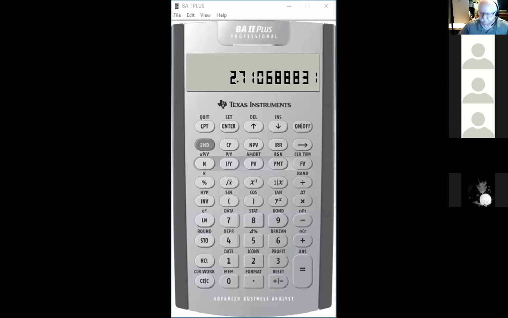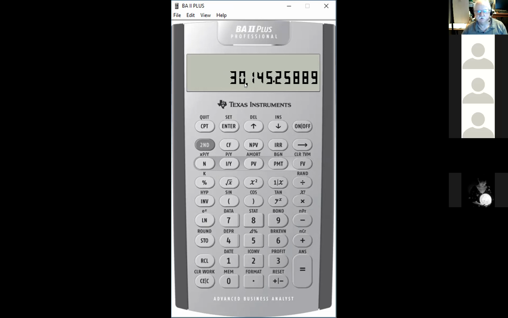Let's start this again. Now I can see what I'm doing. Recall 1 plus 1, and then y to the x 96 equals that, and then minus 1 equals that, and divided by recall 1, which was the interest rate, and then times the payment. So times 184.